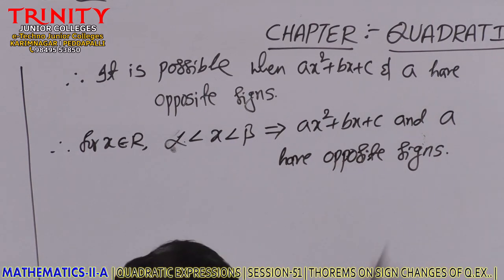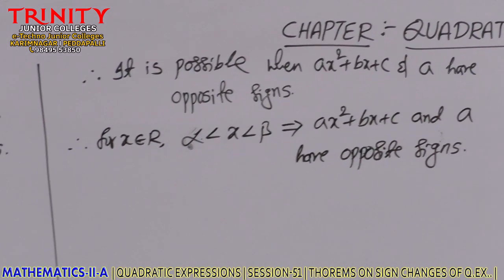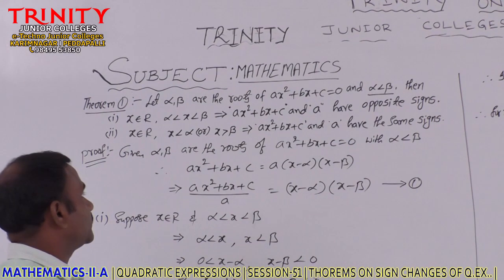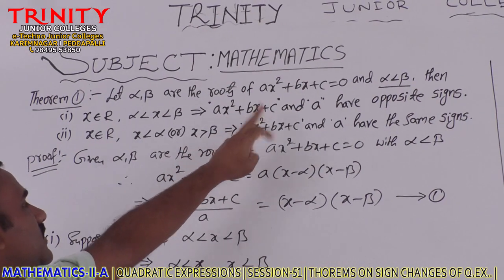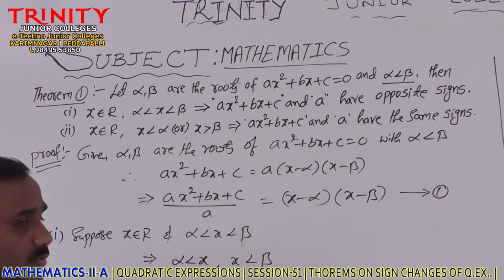This is the first part. If alpha less than x less than beta, ax square plus bx plus c and a have the opposite signs.